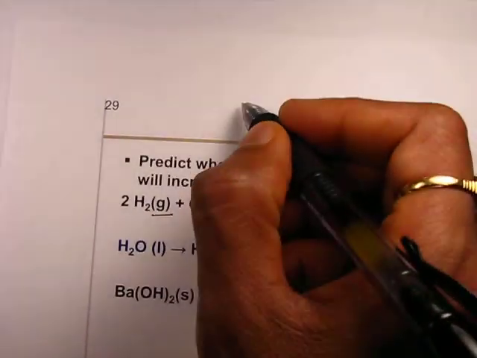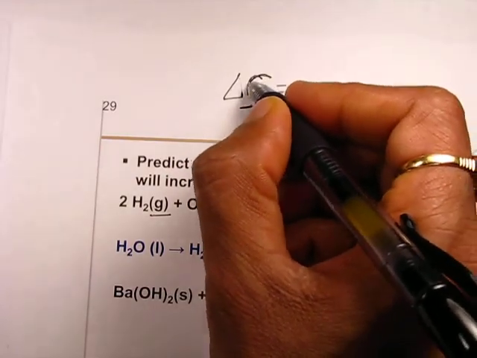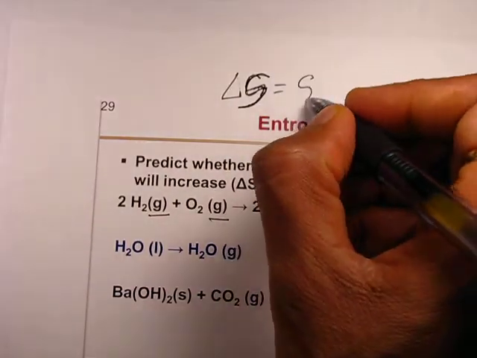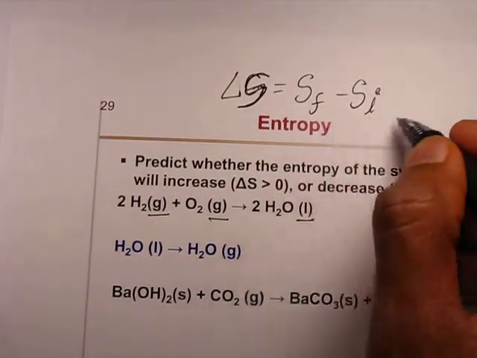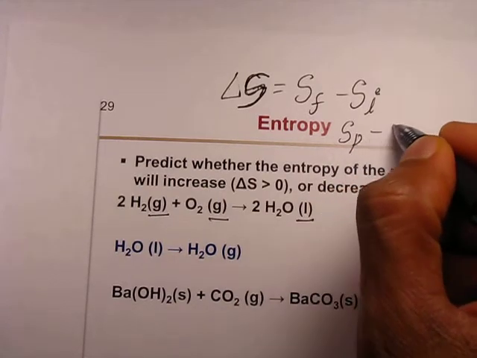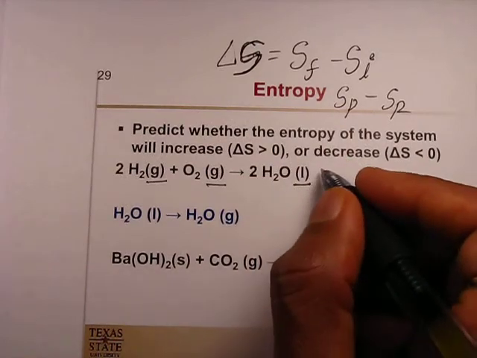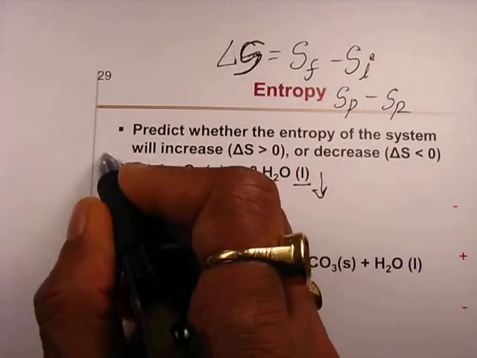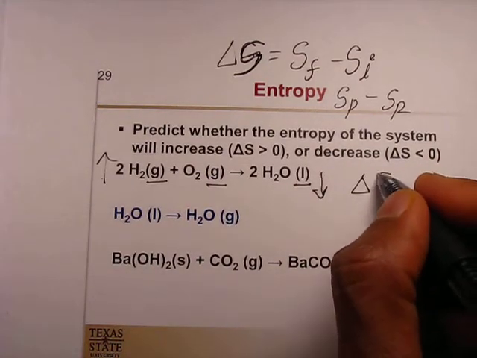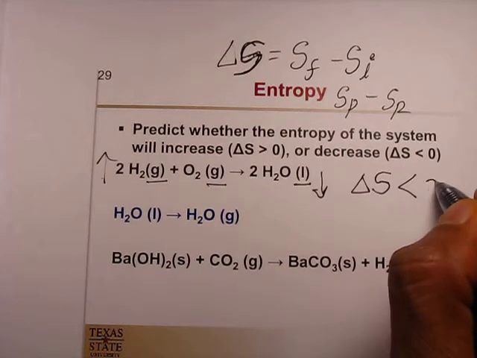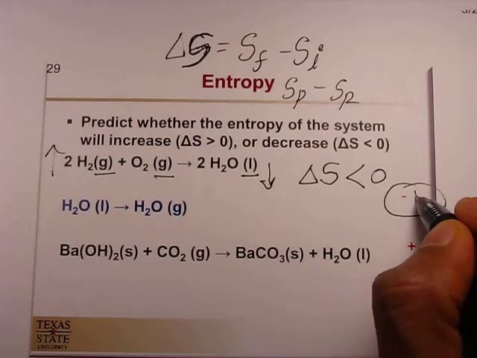If you remember how we calculate delta S, the change in entropy is S final minus S initial, or S product minus S reactant. Here the product is liquid, which has less entropy, and gases have higher entropy. So delta S will be less than 0, meaning the sign will be negative.